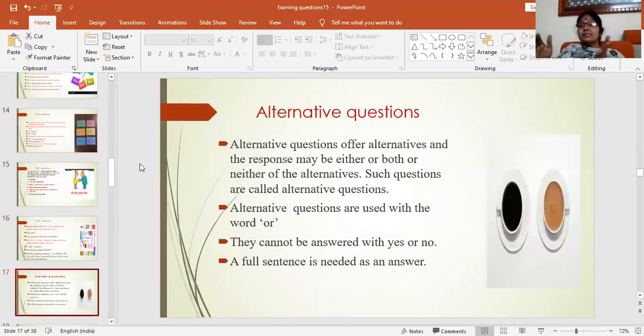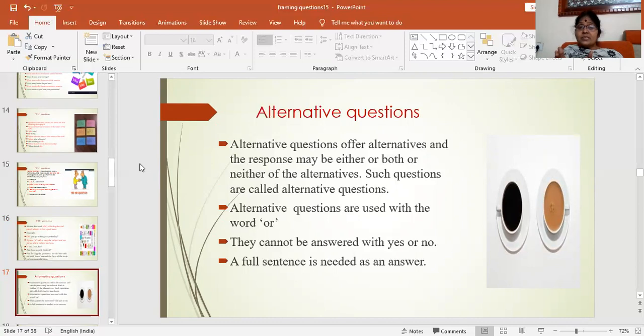Now, the next type of question that we always ask is alternative questions. Alternative questions offer alternatives and the response may be either or both or neither of the alternatives. Such questions are called alternative questions, right?